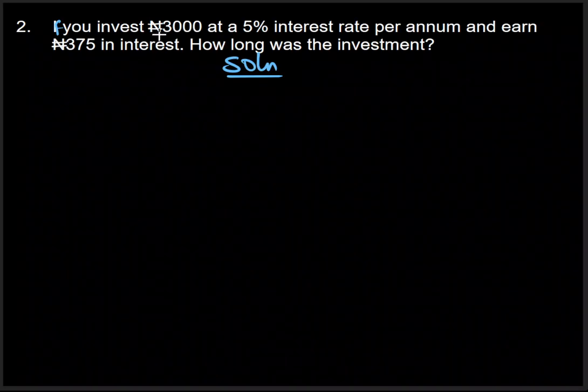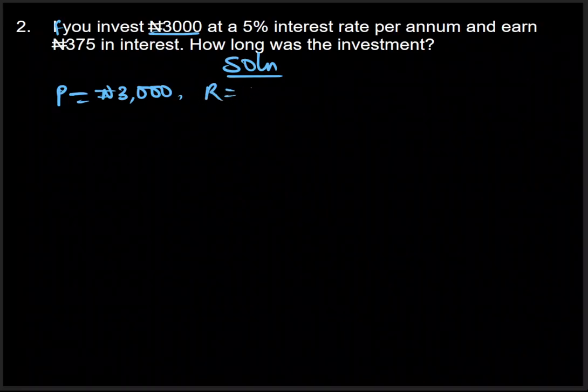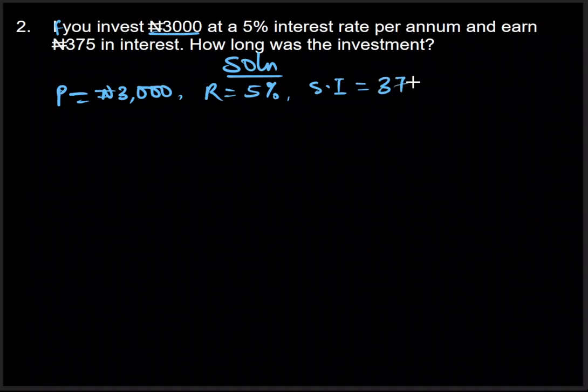Okay, so if you invest this money, this will be our principal equal to 3,000 naira, and then 5% interest rate, so our rate will be 5%. Don't forget, rate is always in percentage. And then earn 375 naira in interest. So our simple interest equal to 375 naira.